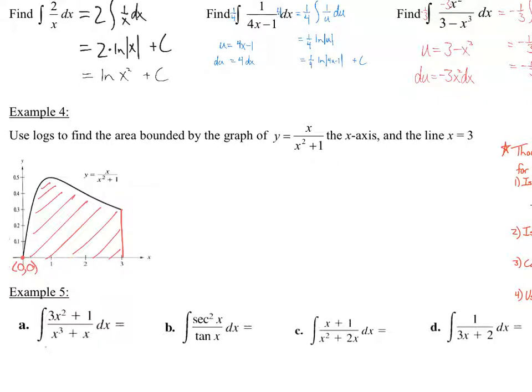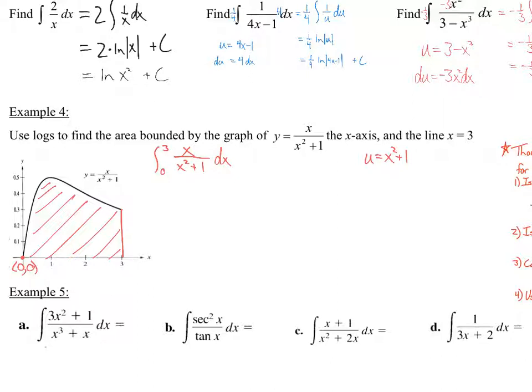So really what we're trying to do, we're going to use logs to find the area, so the integral from 0 to 3 of x over x squared plus 1 dx. Yeah, so let's go ahead. We'll make the u the x squared plus 1.